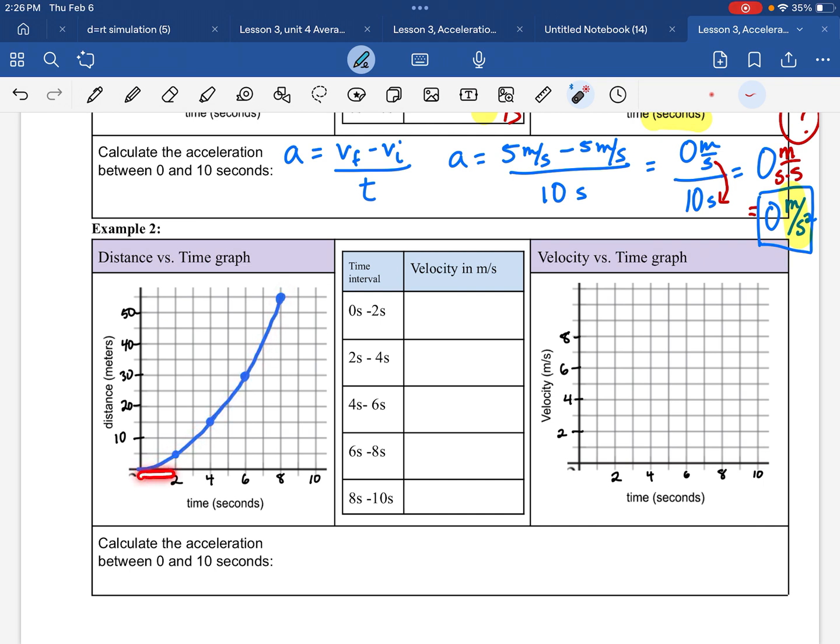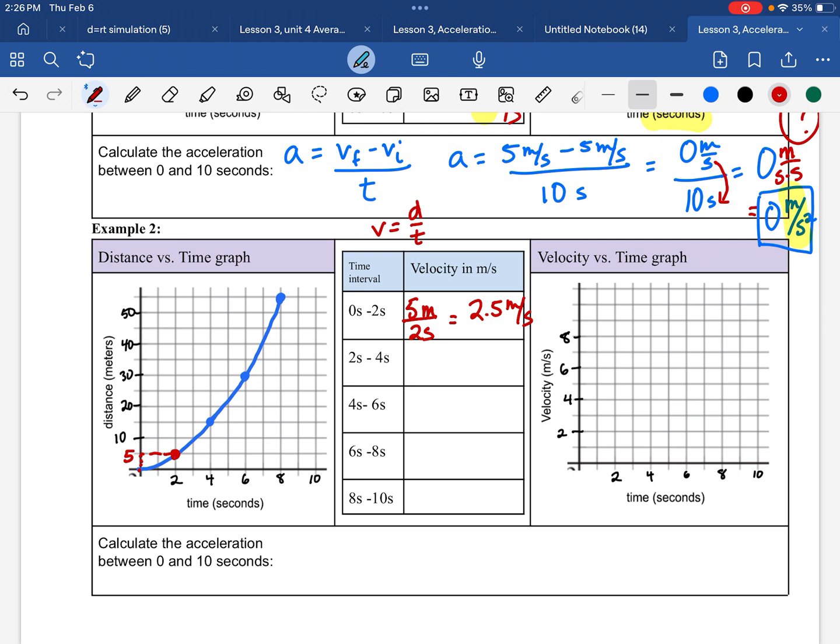So for the first interval between 0 and 2 seconds, the time elapsed is 2 seconds, right? So we're still using velocity equals distance divided by time. Now, the distance that has been traveled here is only 5 meters for that first data point. So if we divide that, we get a decimal. We get 2.5 meters per second.